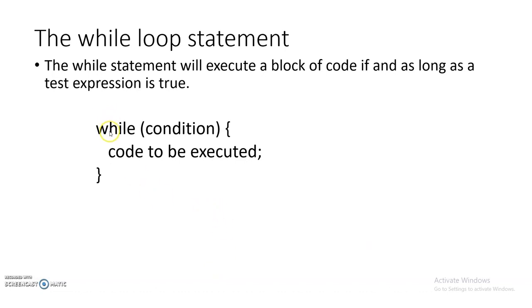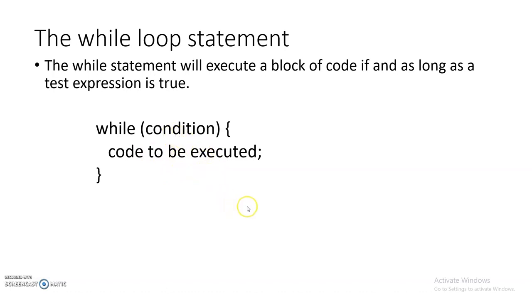The while statement checks the condition at the entry section. Here, while condition, then the code to be executed. This is the general syntax of the while loop, and the block of statements within the loop will execute until this condition becomes false.